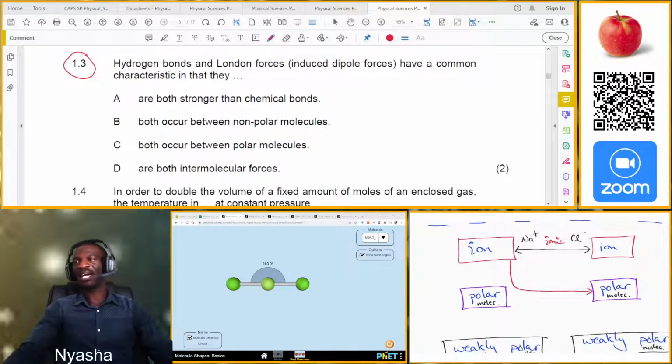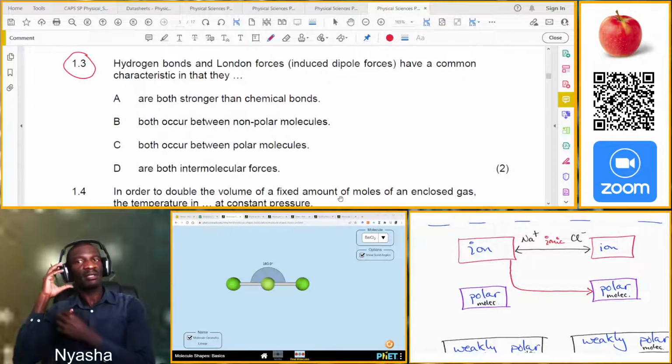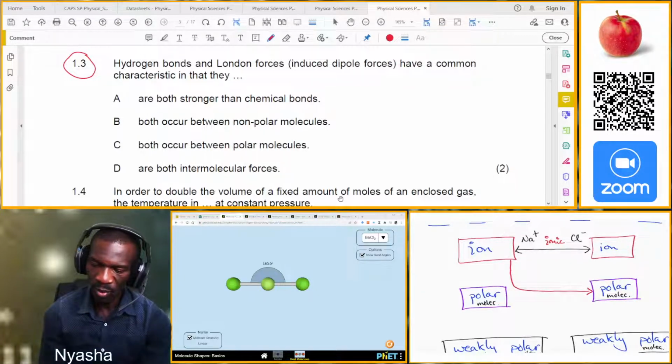What kind of a bond is created by this ion that is interacting with this polar molecule? What kind of a bond between this ion and this polar molecule? Ionic bonds, we're happy. How about an ion with a polar molecule?